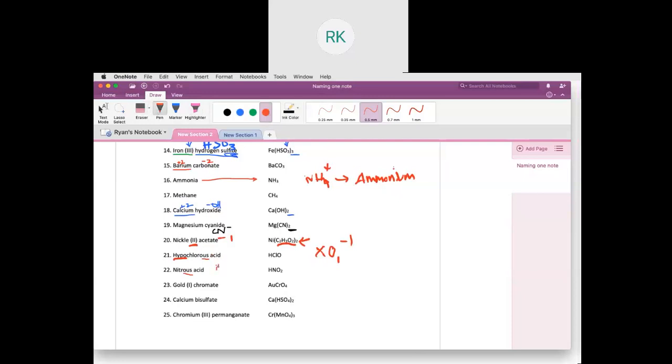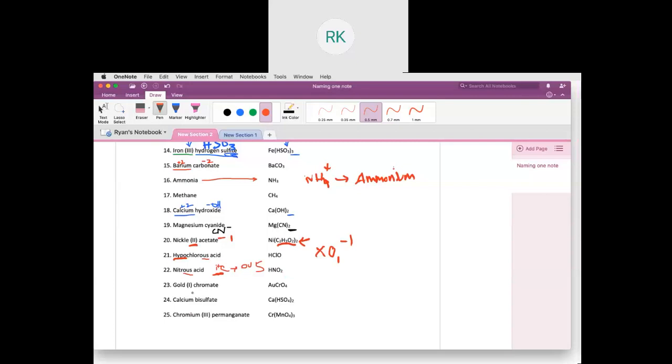It is ite to ous. I'm so bad at writing with this. But it's ite to ous. So if it's nitrous acid, it meant that the ion it's coming from is nitrite, which is NO2-, right? So it's HNO2. HNO3 would have been nitric acid.